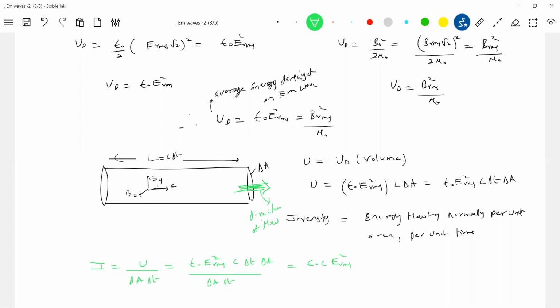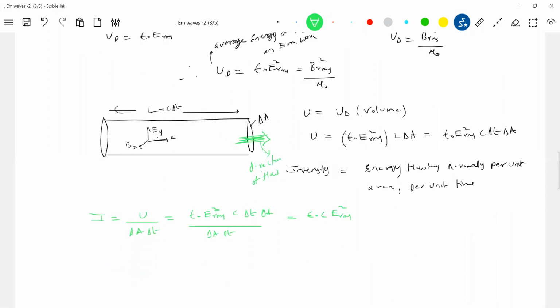If you are bringing E_rms in terms of E₀, the same expression for intensity. Epsilon naught and E naught, please be alert. Or if you are expressing in terms of B₀, c B₀² by 2μ₀.